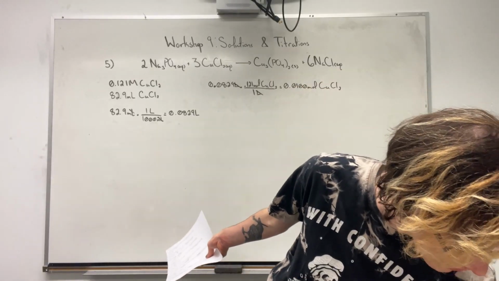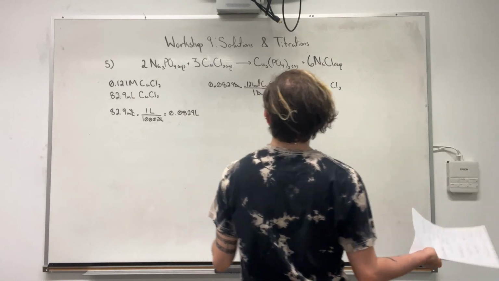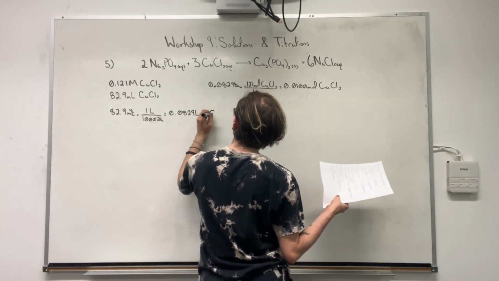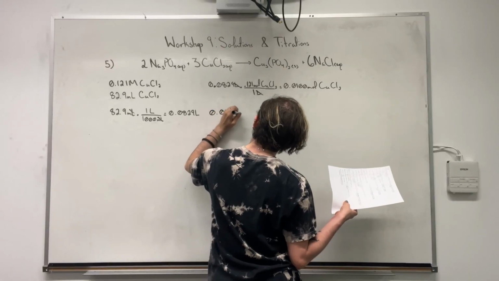We want to know what volume of sodium phosphate is necessary for this reaction, so we need to get to sodium phosphate. We need to know how many moles we actually have to use the information given to us about our sodium phosphate.